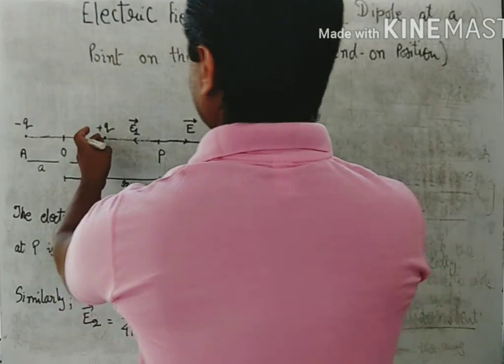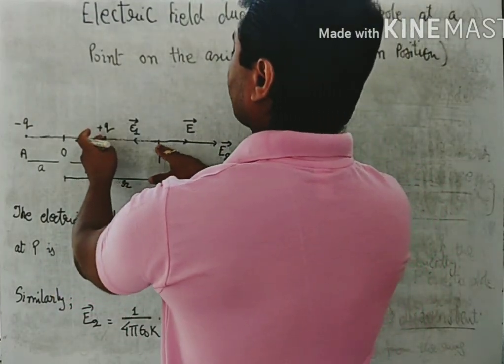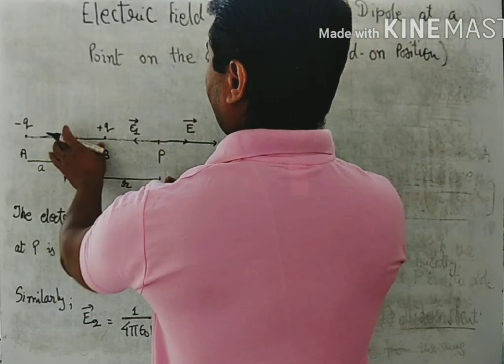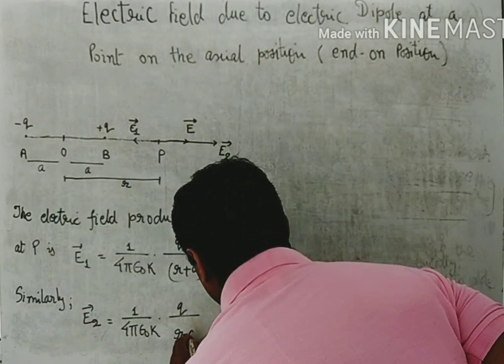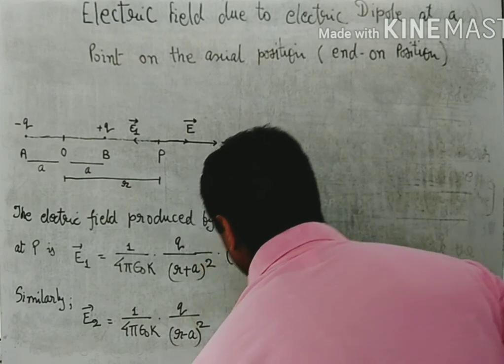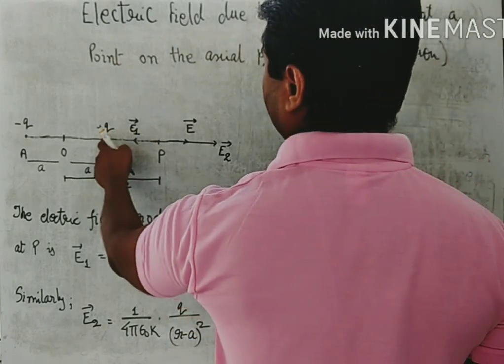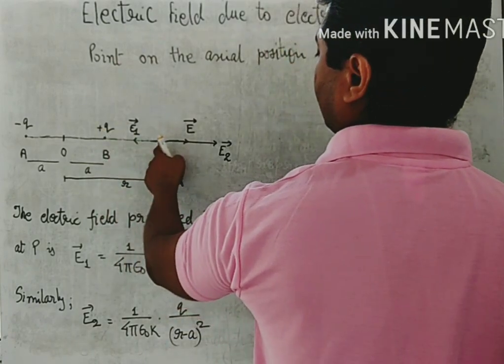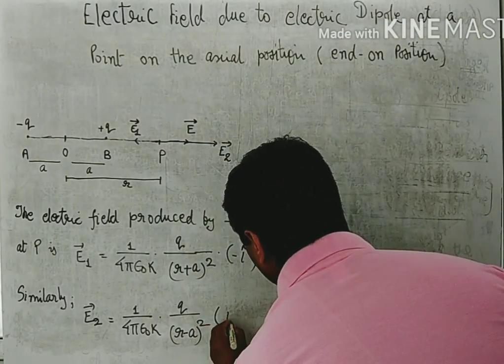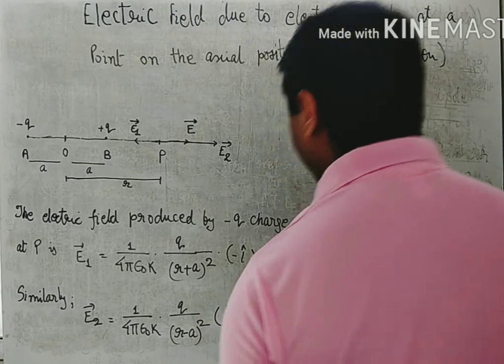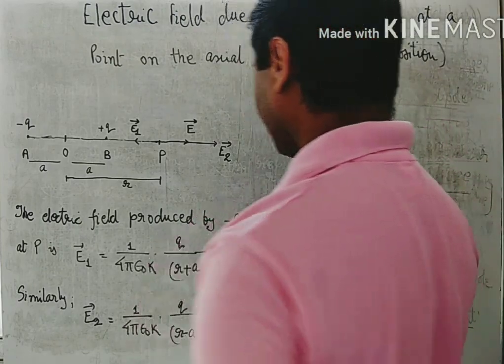Now what's the distance of this from this? It is R minus this A. So we write now R minus A square. And what's the direction of this field produced by positive charge at P? It is along plus x-axis. For that reason, we are multiplying it by positive I cap.